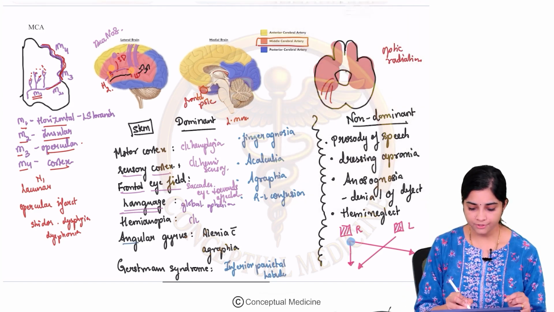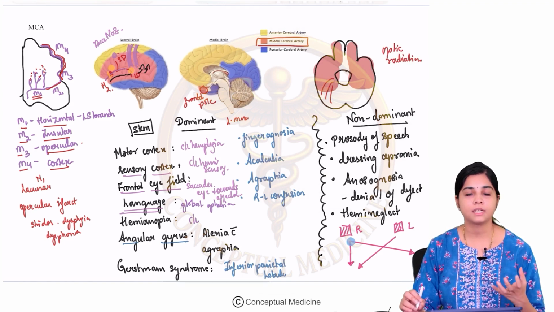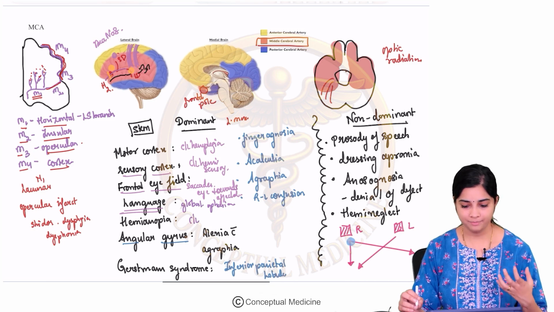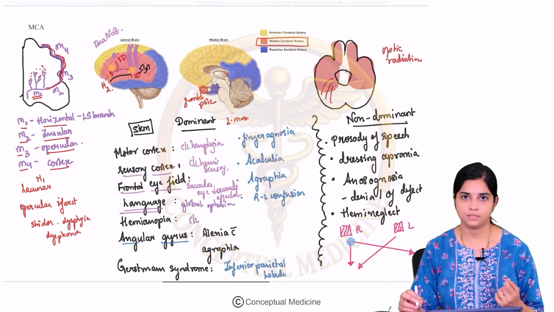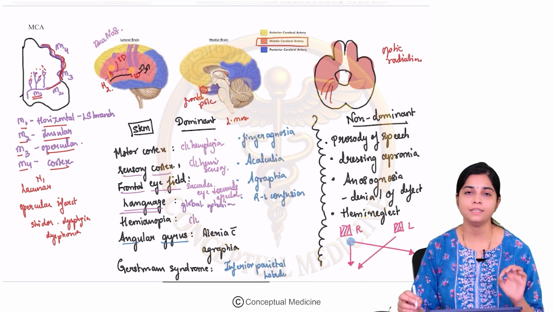Now, what is the function of this angular gyrus? This angular gyrus is basically helping in reading, and it helps in writing to a certain extent as well. So it helps in reading and writing.